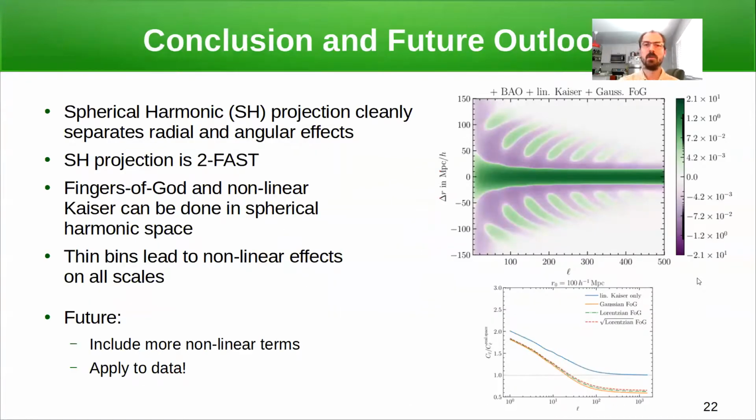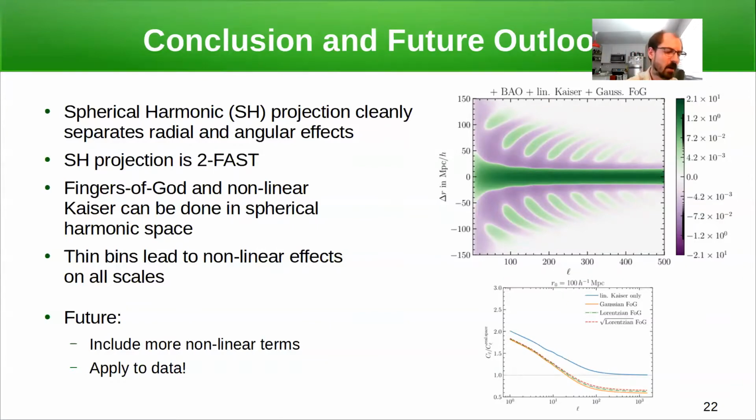Okay, and with that, I will leave you with the conclusion and future outlook. I hope I have convinced you that spherical harmonic projection is interesting to look at, and that we can calculate it theoretically fast enough.